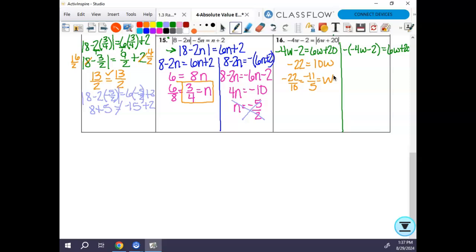All right, I'll take that as a yes. Then we get 4w plus 2 equals 6w plus 20. And I'm going to subtract over here to get 2w, subtract over here to get a negative 18. So I get negative 9 equals w. And I'll just go ahead and tell you on this one, so I don't make you cry with fractions, that these both work.